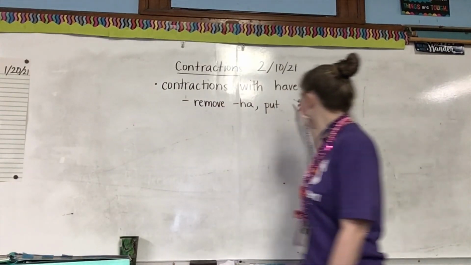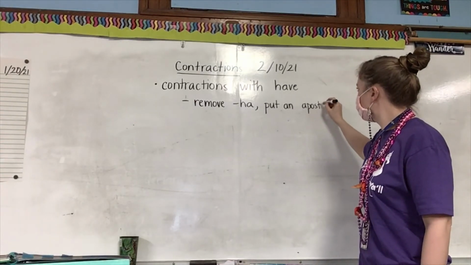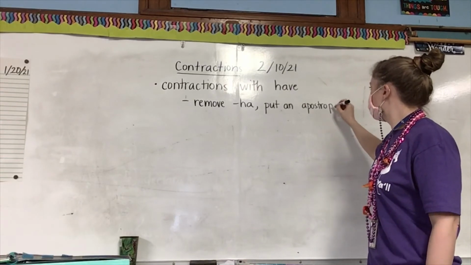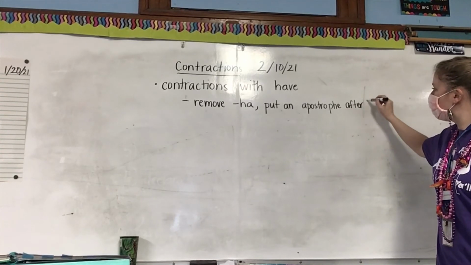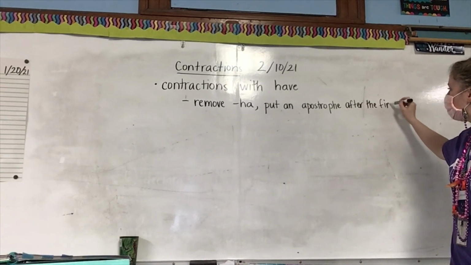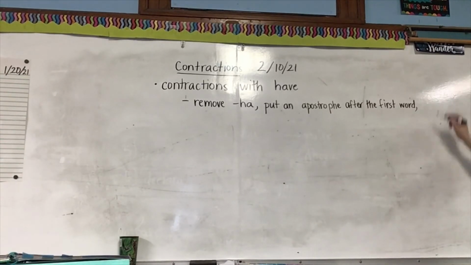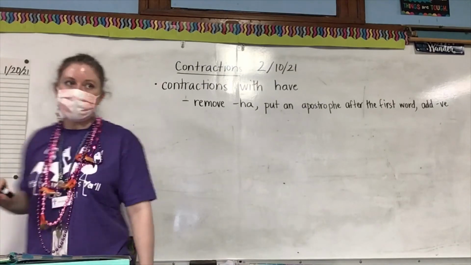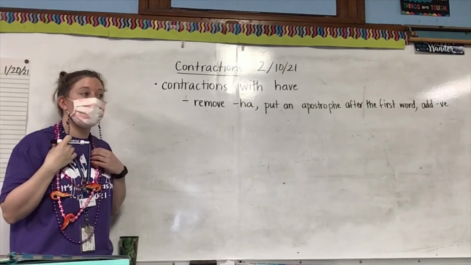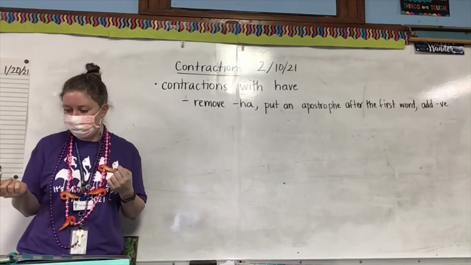Put an apostrophe after the first word. Then add letters VE. So to make contractions with have, you remove HA, put an apostrophe after the first word, add VE.